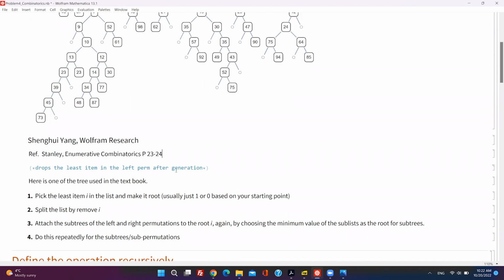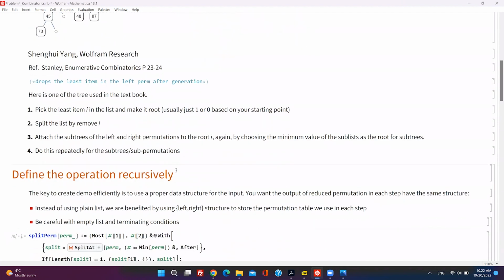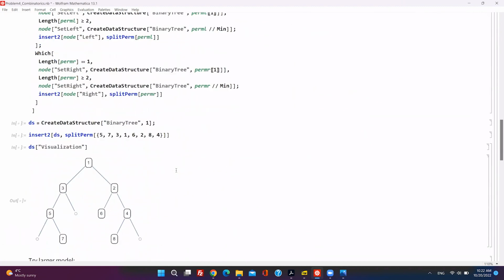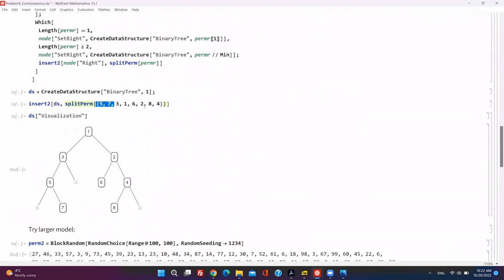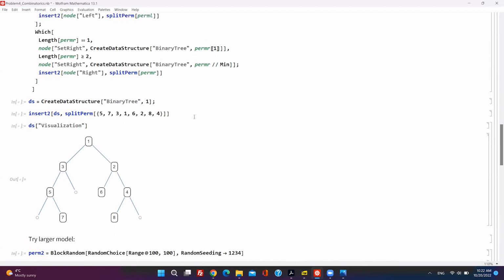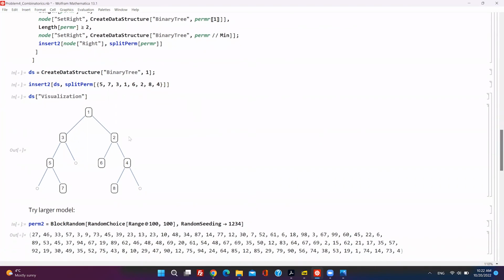So this is a typical graph. Let's first just talk about the example. This is exactly the same example as in the book. It's 1, 2, 3, 4, 5, 6, 7, 8 permuted to 5, 7, 3, 1, 6, 2, 8, 4. You can construct a tree in many ways, but this one, I think, is called an increasing tree or something.